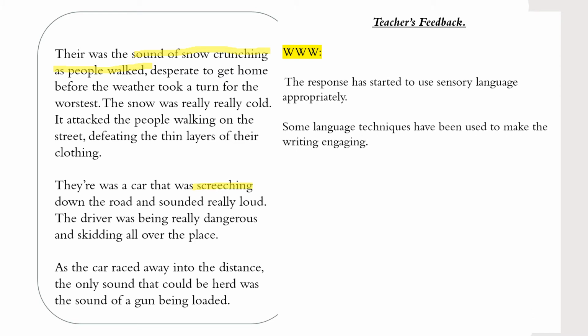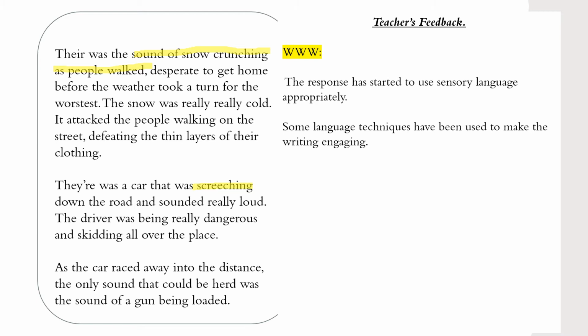The next thing they've said is that some language techniques have been used to make the writing engaging. If you think about the typical techniques that are going to be effective, we need to think about things like our sensory language, which would be a language technique. But really, in order to get a higher mark, we need to be thinking about more engaging techniques.